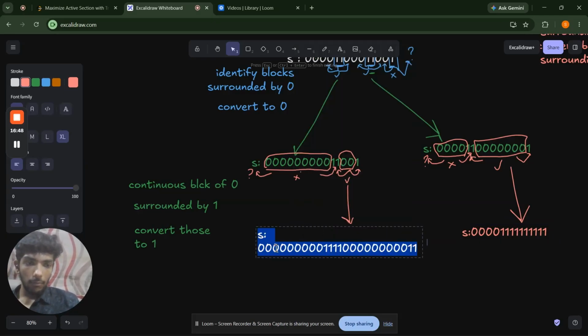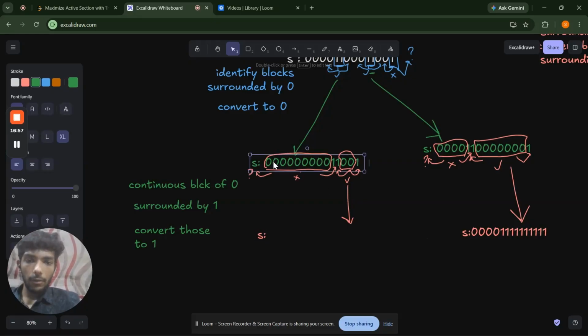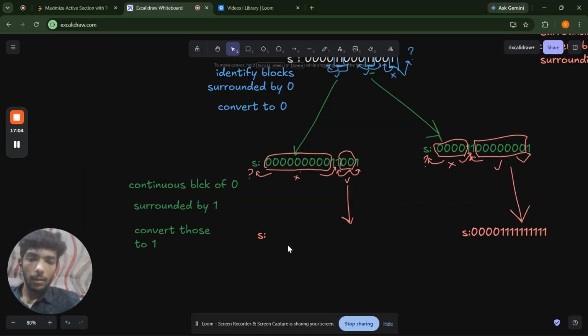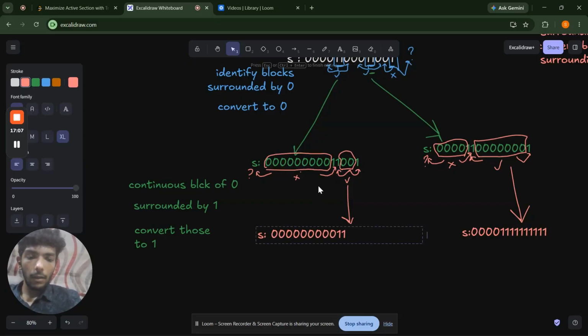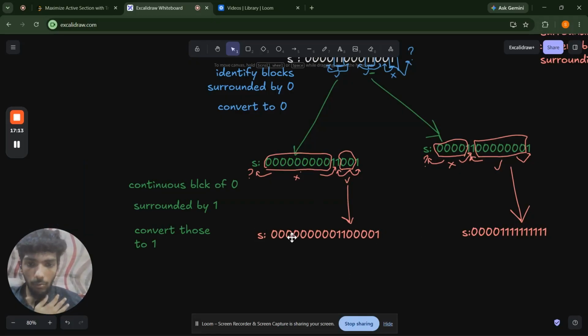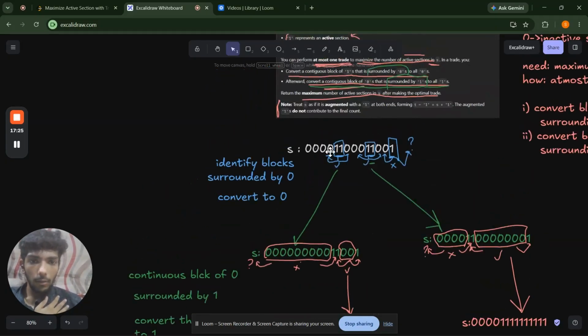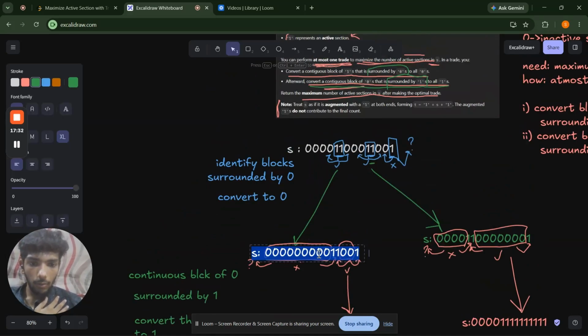I guess this is a so big string. Okay, what we did was convert those to zero. 0, 0, 1, 2, 4, 6, 8, 10, 12, 14, 16. So why is it 14? I guess there is one mistake over here.